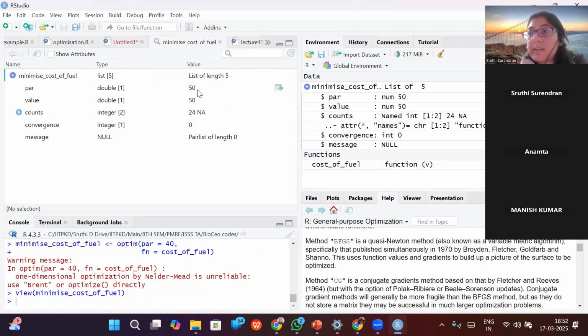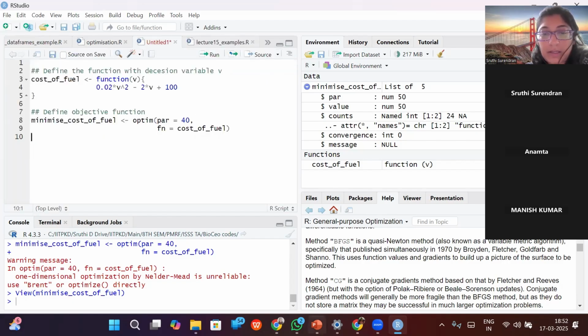When we solve it manually, it gives the same answer. So this is how the optimizer is optimizing the function and obtaining the most efficient value of the variable that will minimize the function, which is our objective function.